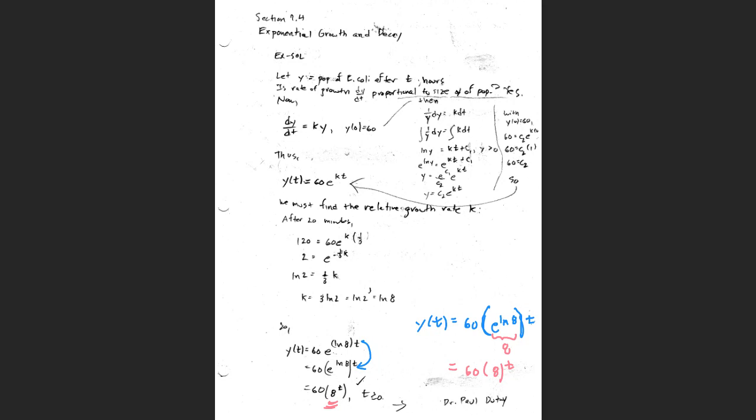T is just sitting out there, because I can write e to the power of t times the log of 8 as e to the log 8 in parentheses times t, because you're multiplying the exponents. When you raise to a power, we're raising to the t-th power here. You just multiply the exponents, and that would get you this result.